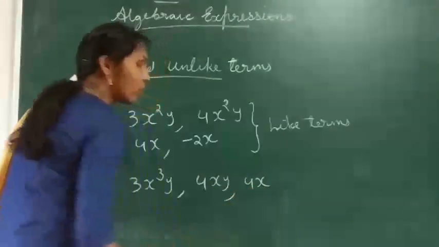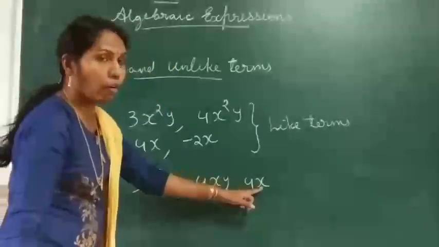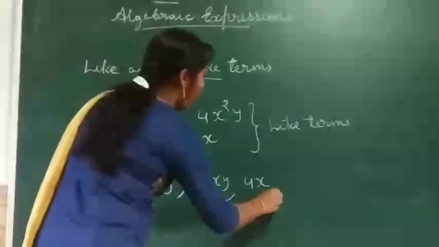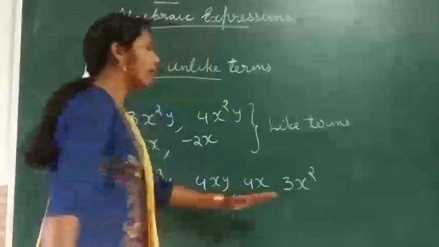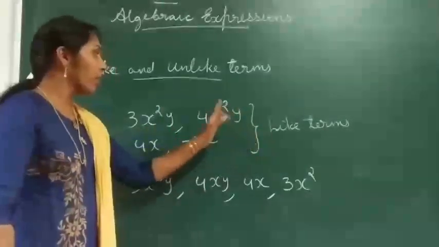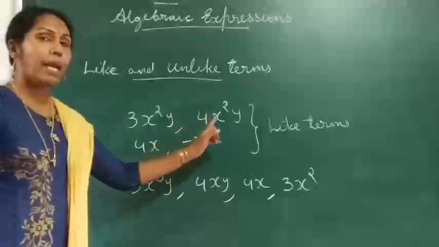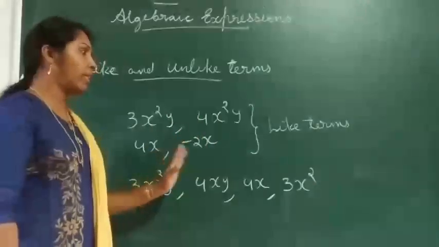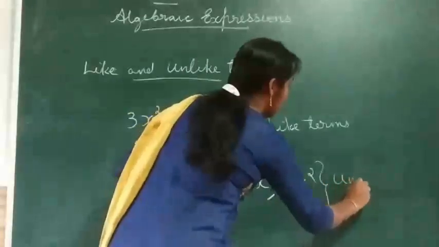This is also an unlike term because here we have xy, here we have only x. And we can have 3x square. So like that we can have different unlike terms. Remember, in like terms, there will be same variables and also there will be same powers for each variable. They are known as like terms and these are known as unlike terms.